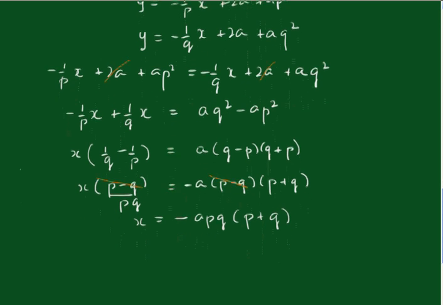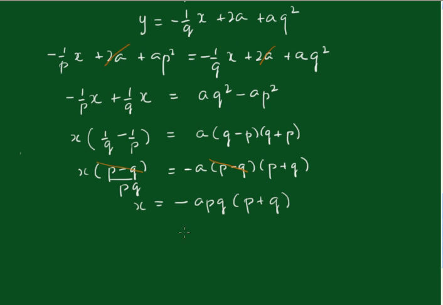Okay, now to get the y one, so y is equal to, now I'll put it back into this one up here, so that's minus 1 on q times minus apq into p plus q plus 2a plus aq squared.